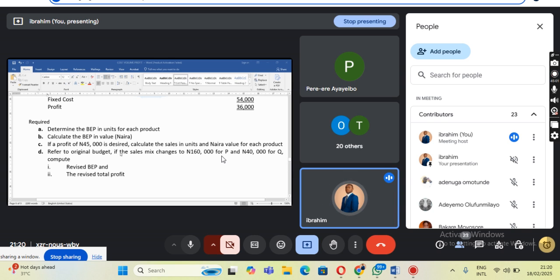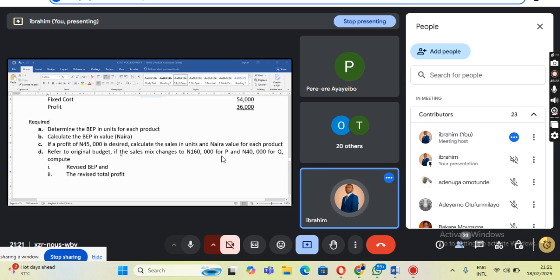Now, I asked a question that this is profit before tax. If it is after tax, they will actually indicate it. And I said, under single product, what is the formula? Someone gave me fixed cost plus targeted profit after tax divided by contribution.